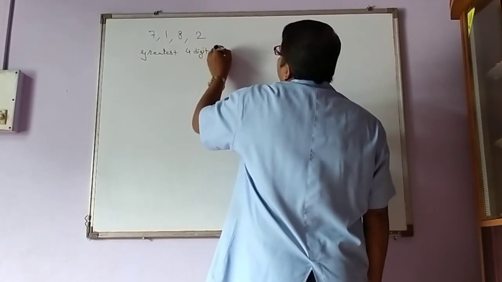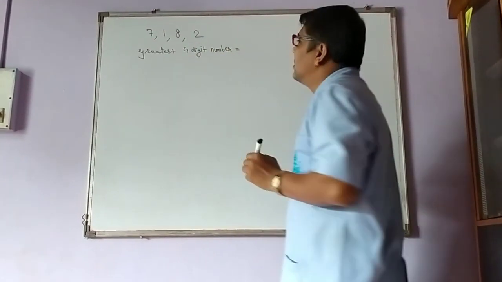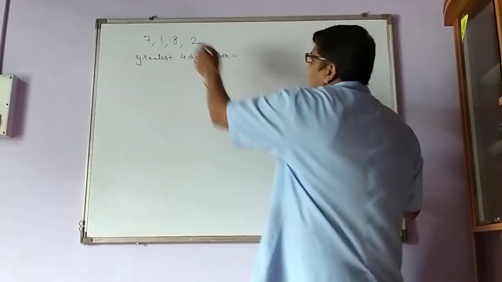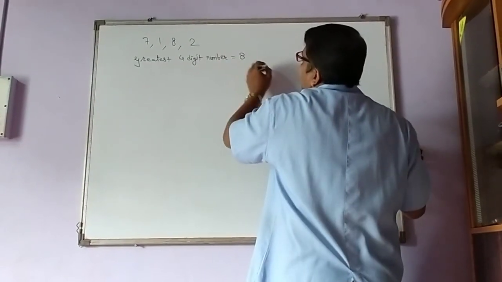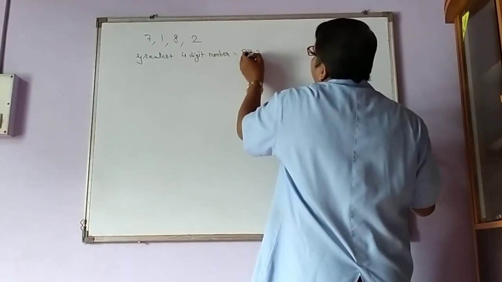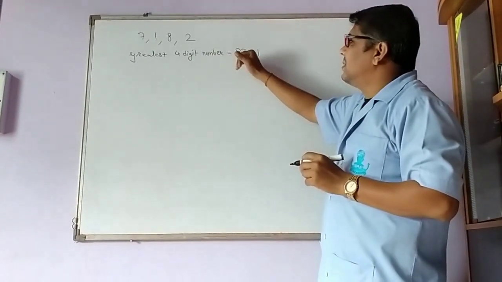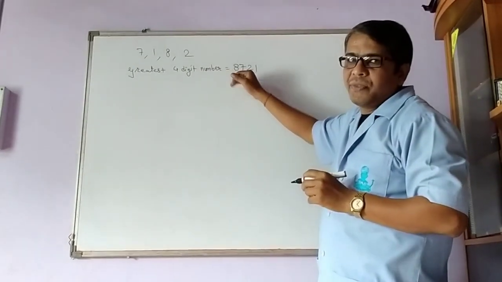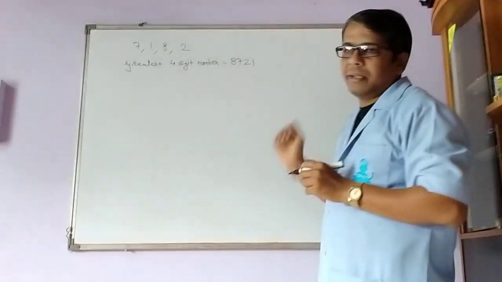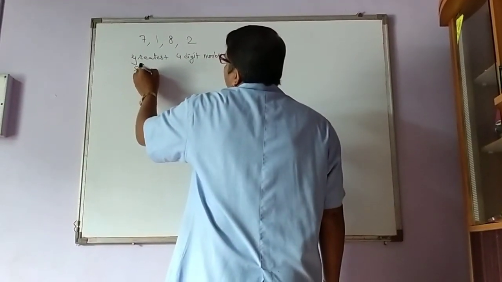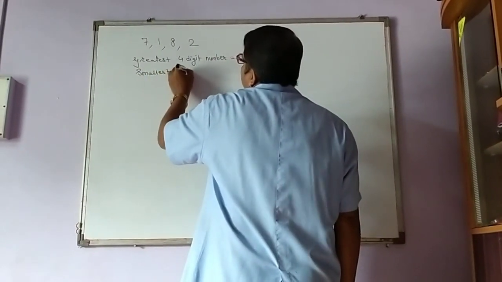So for the greatest 4-digit number, what I have said, descending order. So which is the greatest digit? 8, then 7, then 2, then 1. So this is the greatest number formed, 8,721.